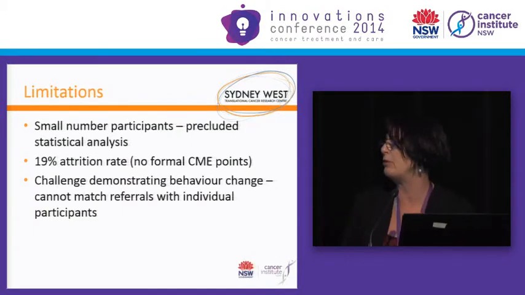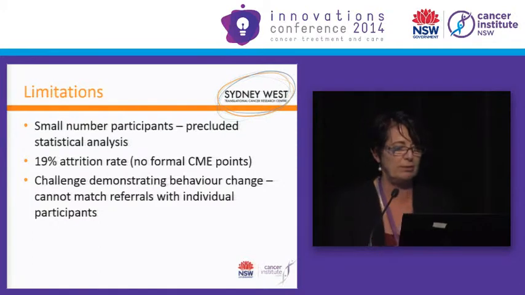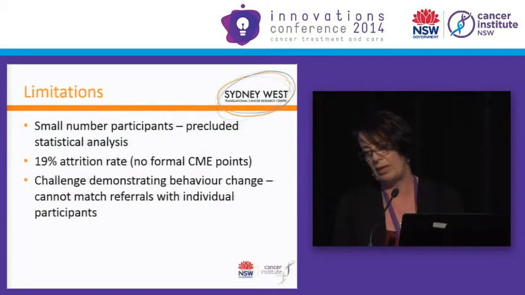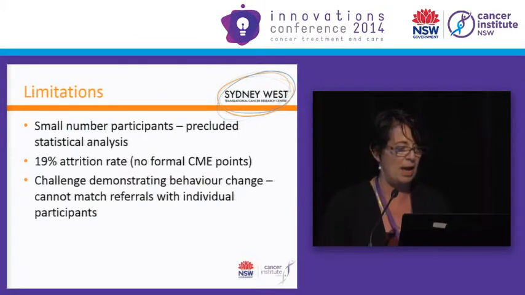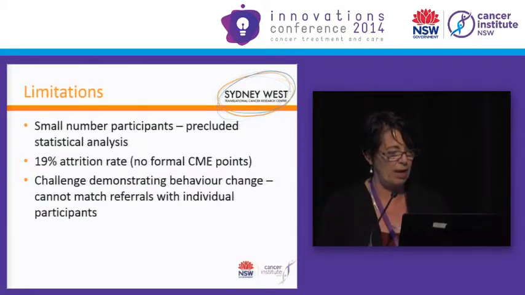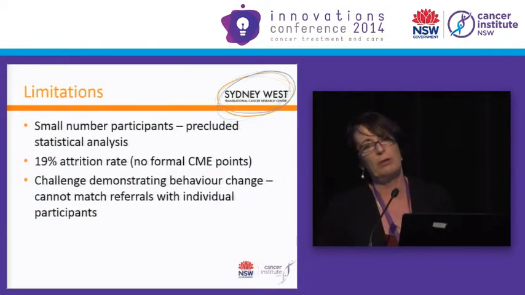The small number of participants obviously precludes any statistical analysis, and as I said, no formal CME points, which may have contributed to the attrition, but still by and large I think 19% attrition rate is fairly good for an online program. But I refer you back to that challenge, all of us involved in education.